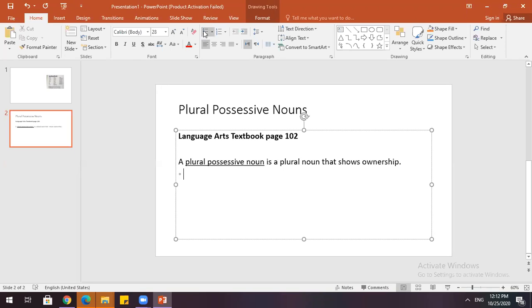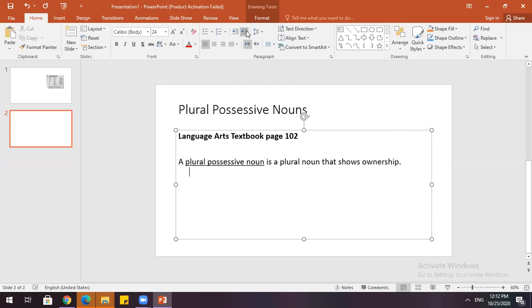To form the possessive of plural nouns not ending in s, add an apostrophe and an s. Excellent. Okay, so here we have two things. If the plural noun ends in s, we only add an apostrophe.